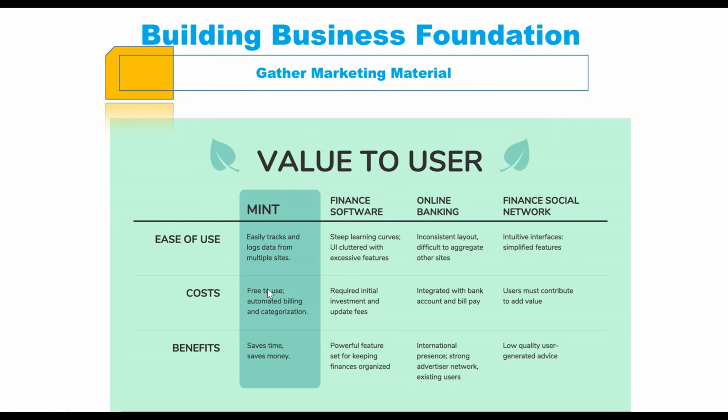And the value to the users, there is something. This is again from the Mint. This is something which I felt I just want to share with you. It's not something that you want to copy or clone, but something of how a company like Mint is using it. So what is it that you are bringing to your customers?